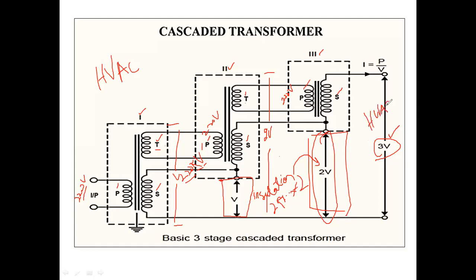Now the question arises: why have we followed this cascaded transformer, why have we used different small units to get the high voltage? Why don't we use a single unit instead of these cascaded units? The answer is simple.